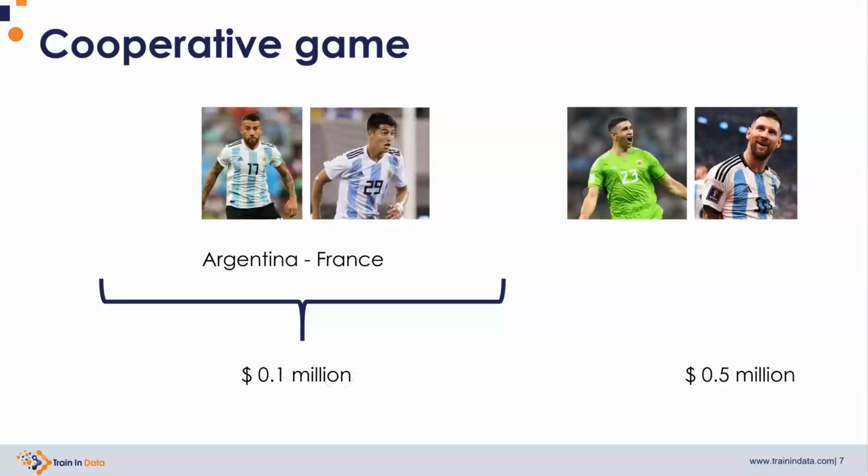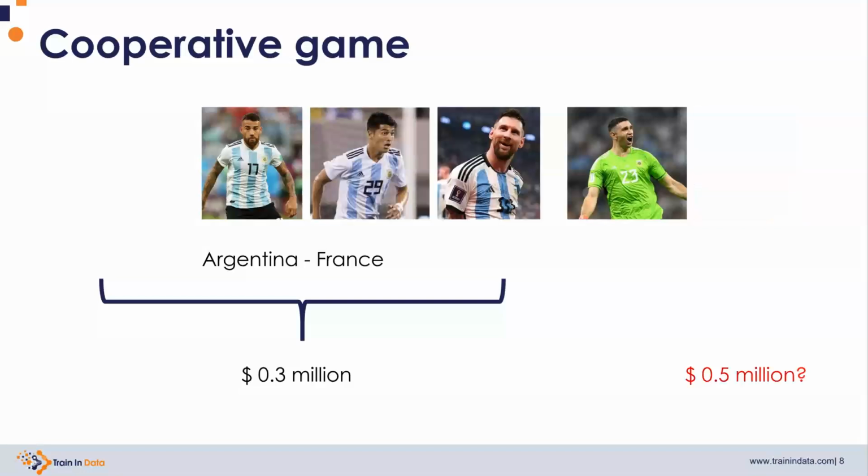Now we take Dibu Martinez out of the coalition and we see that the result of this game deteriorates even further, to the point that the reward is now only $0.1 million. But hang on, let's put Messi back into the coalition and see what happens.